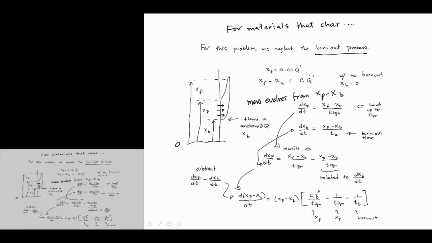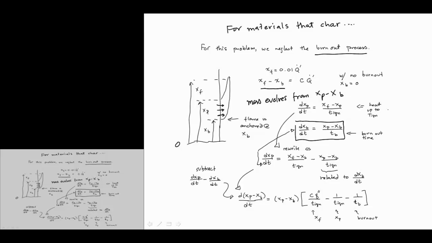Now there's some rule or law that's going to tell us how xb evolves, and that's a burnout time basically. The flame length is going to be cast not in xf but in xf minus xb. So we're going to recast it in xf minus xb, and our original law, which is still true, is dxp/dt equal to xf minus xp over T ignition.